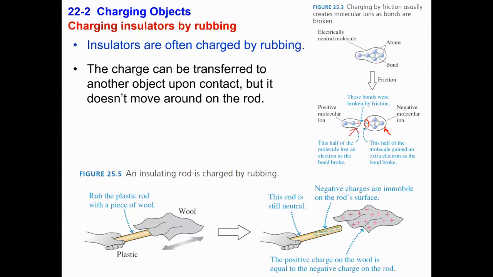But in solids, it depends whether it's a conductor. If it's a conductor, the valence electrons on the atoms are free to move. Not all of them, but some of them are free to move. But in the insulator, the electrons are tightly bound, and they cannot move in the insulator. Okay, so this is how we can induce negative or positive charge on the insulator.